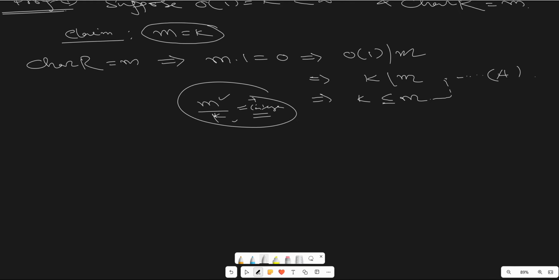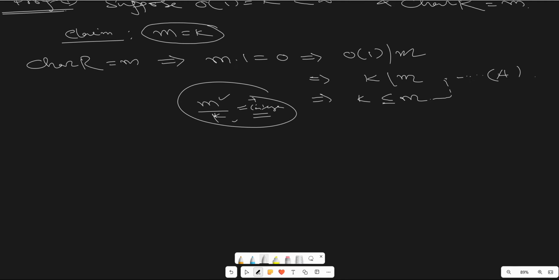So my claim is m equals k. Anyone have any idea here? So k is less than or equal to m. I have to show that m is less than or equal to k.